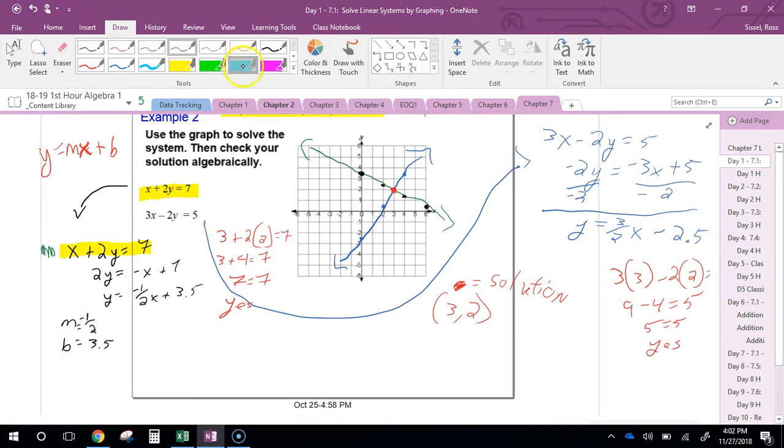So this equation was in green. I went into the other equation, 3x minus 2y equals 5. Did that over here. And I found y equals 3/2 x minus 2.5. I was making sure I didn't make a mistake. But when I had a minus 3x, I divided by negative 2, so it gave me a positive 3/2 x.